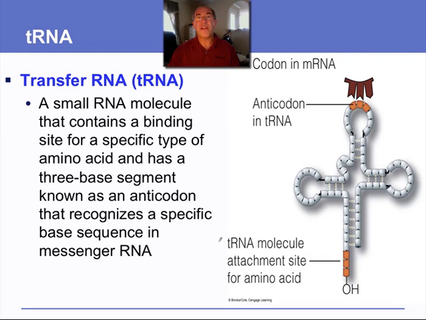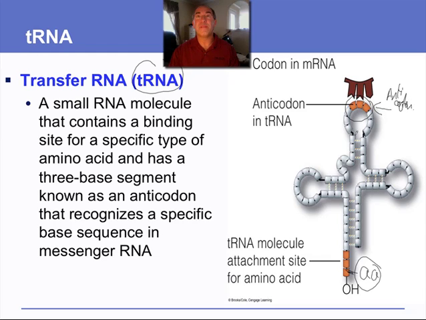Linking the messenger RNA to the amino acid is this molecule here. This is transfer RNA, and it has an amino acid joined on one end, that would be this end here, and it has a special sequence of 3 RNA bases there, and that's called an anticodon.